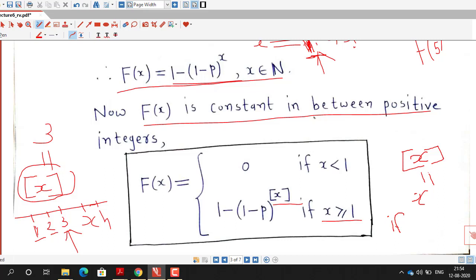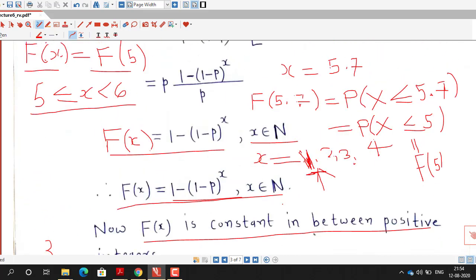If x is a natural number, then the integral part of x is going to be small x, because this is by definition the largest integer less than or equal to x. But if x is any real number between two positive integers, then we have to use this formula.